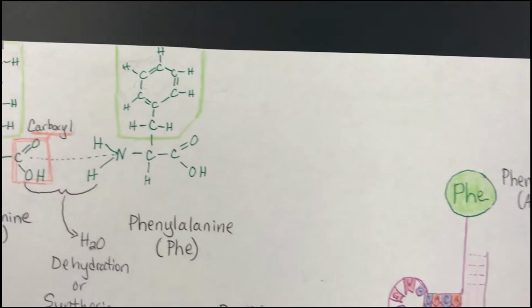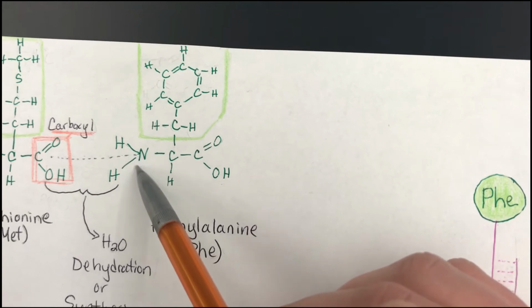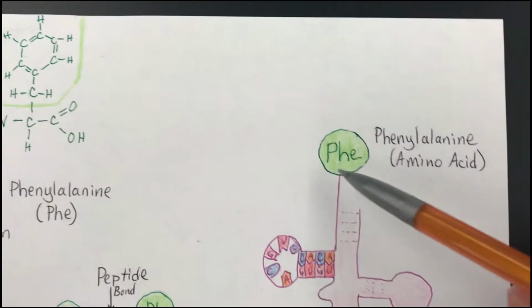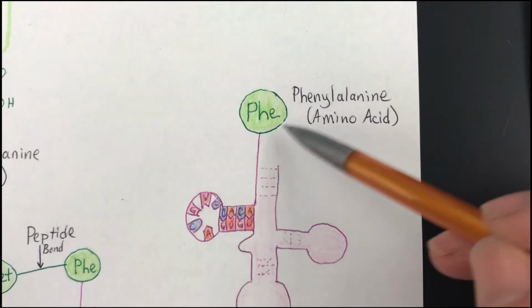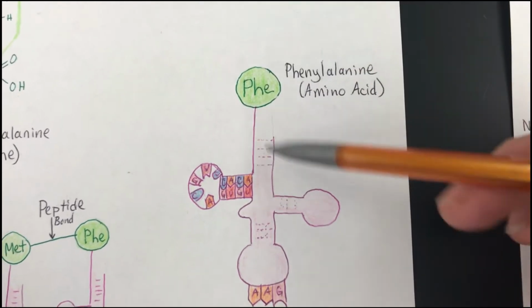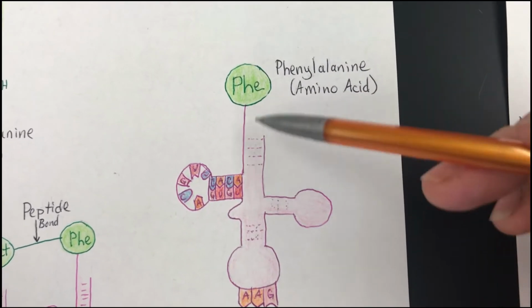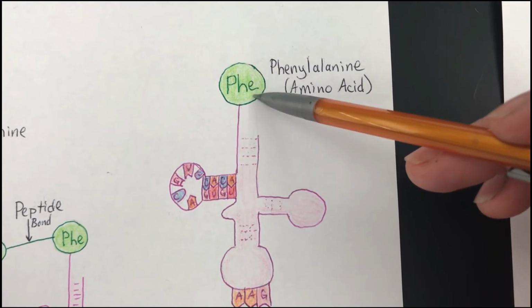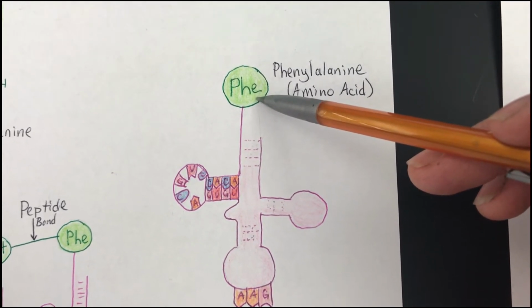Remember, phenylalanine consists of an amine, a carboxyl, and this particular R group. This entire thing is generally just portrayed as PHE. So this is the entire amino acid, and this tRNA is going to transfer the amino acid into the ribosome.